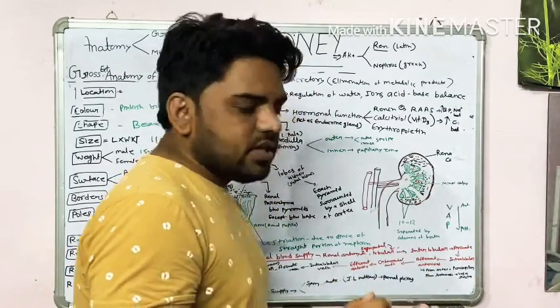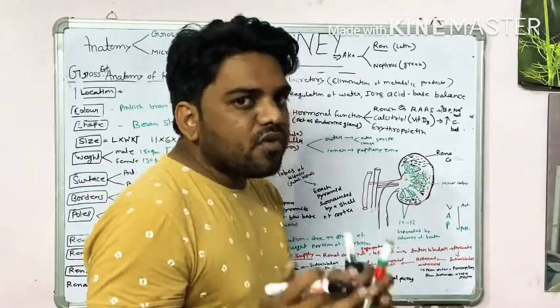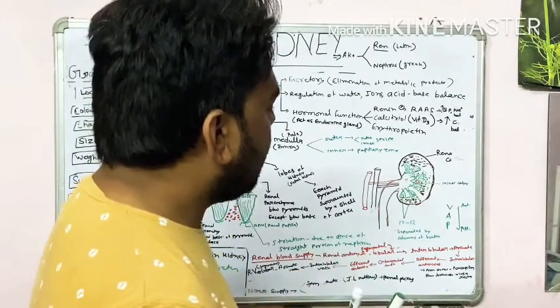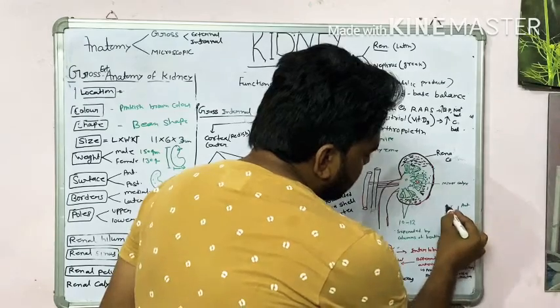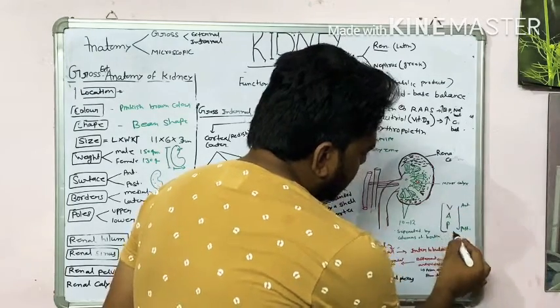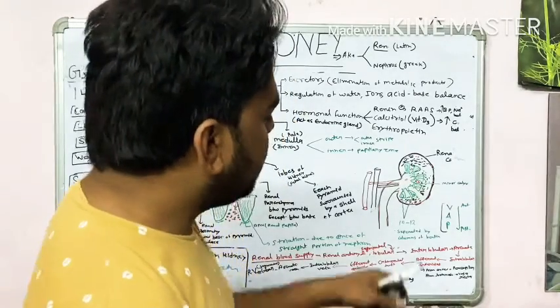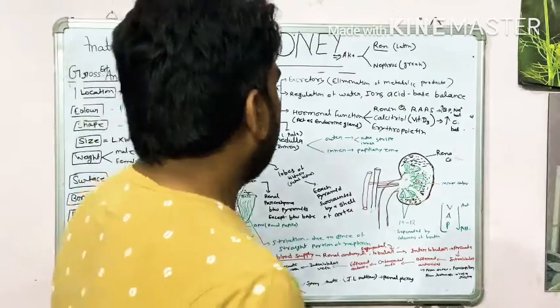In the viva they can ask what is the arrangement of renal artery, renal pelvis and renal vein. These are arranged anterior to posterior by this mnemonic way: anteriorly renal vein, in the middle renal artery, then renal pelvis.